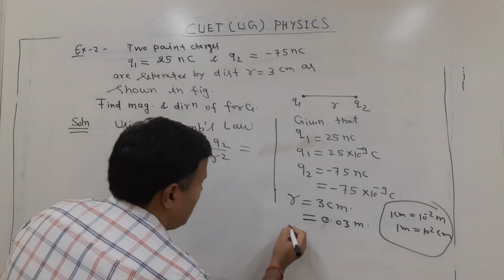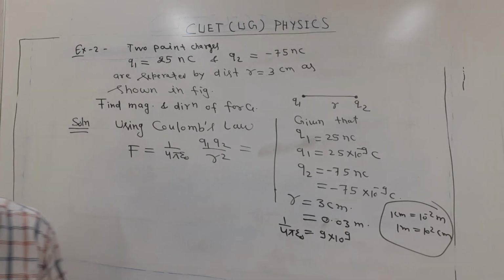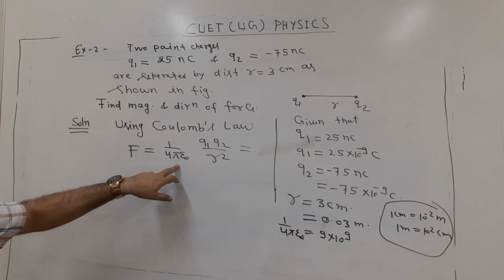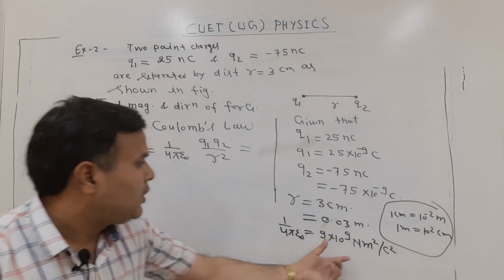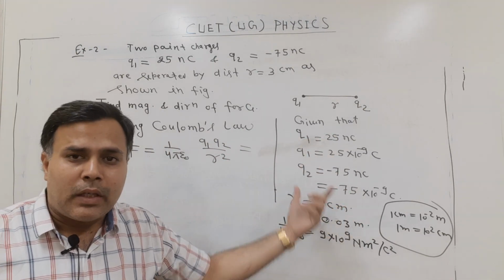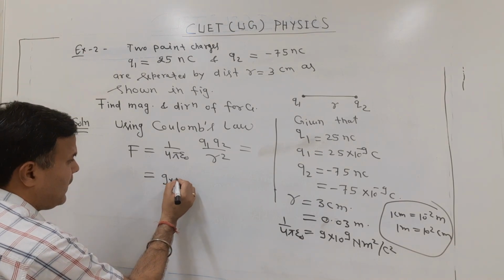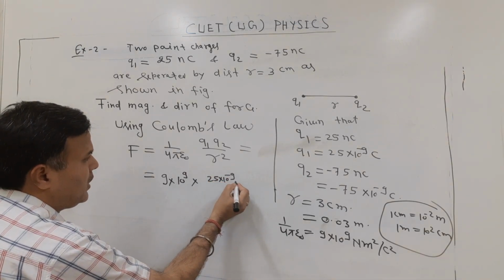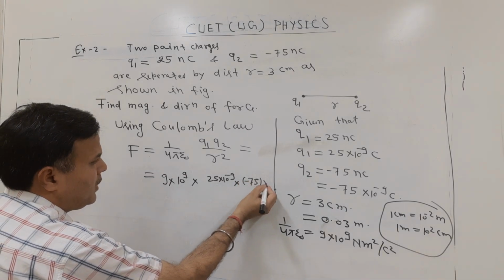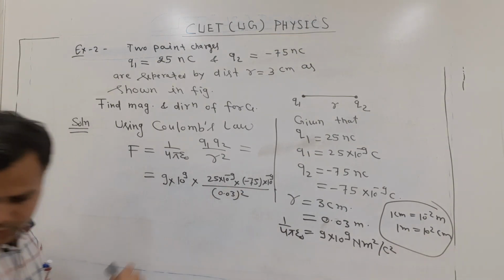So 1 upon 4 pi epsilon 0 is 9 into 10 to the power 9, and its unit is Newton meter square per Coulomb square. Now every parameter is in the MKS system. So putting the value of each constant and variable: 9 into 10 to the power 9, q1 is 25 into 10 to the power minus 9, and q2 is minus 75 into 10 to the power minus 9, divided by r square, meaning 0.03 square.